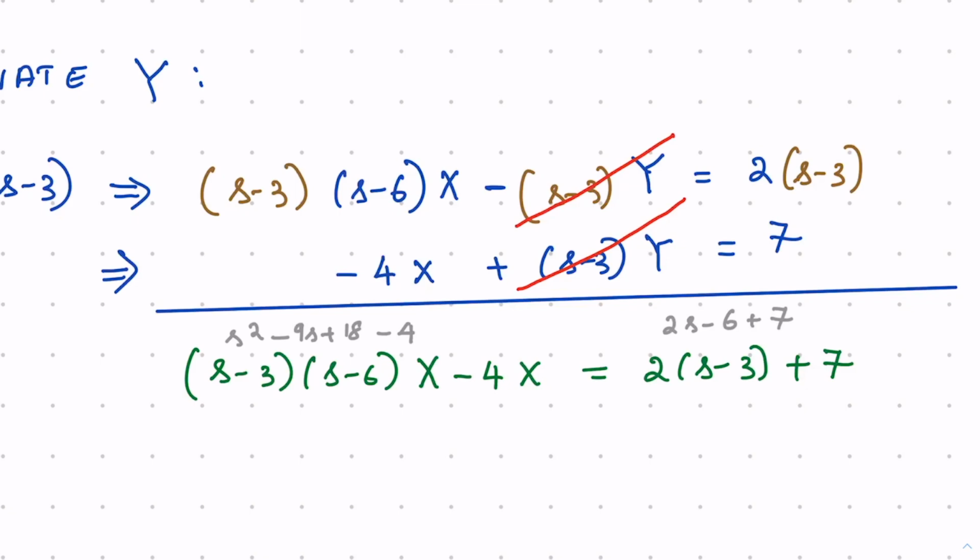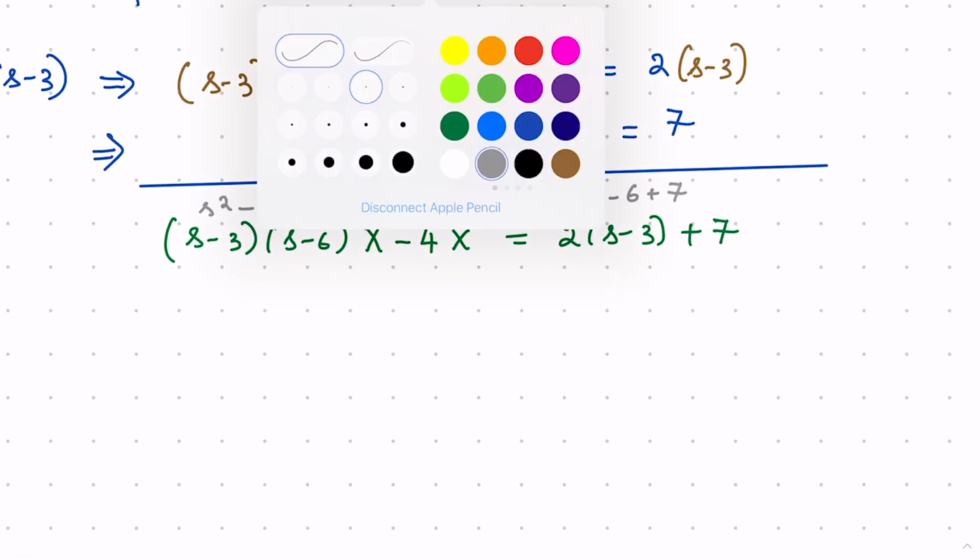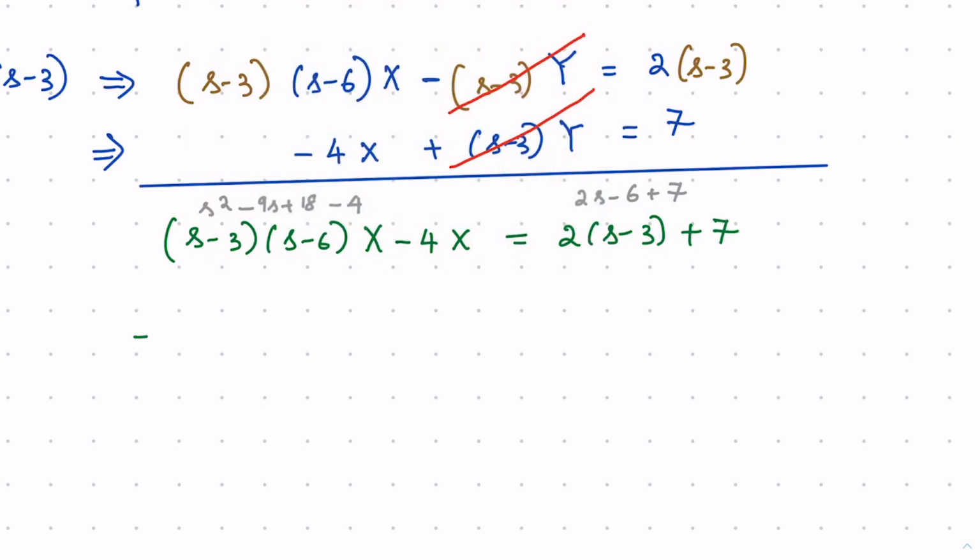So if I simplify all that, ladies and gentlemen, then this algebraic equation can be simplified into s squared minus 9s plus 14 (18 minus 4 is 14), times cap X, and that is equal to 2s plus 1 as my right hand side.